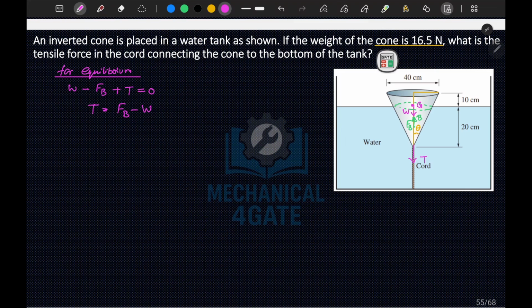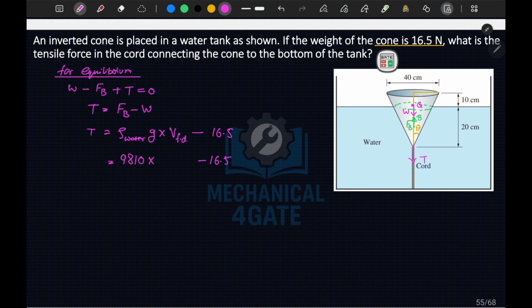FB will be rho of water into G into volume of fluid displaced, minus weight, which is given as 16.5 Newton. So rho G will become 9810 times some volume of fluid displaced minus 16.5.